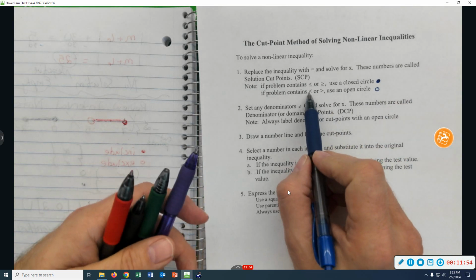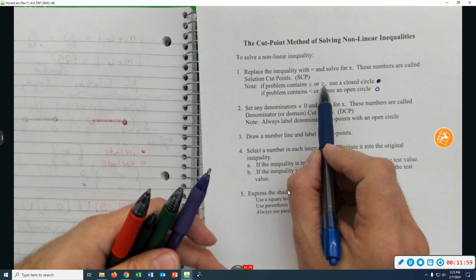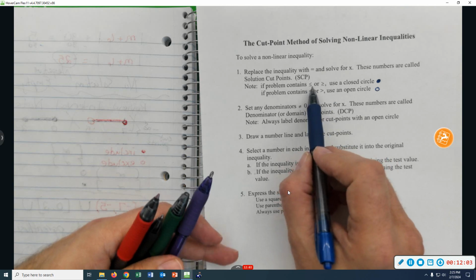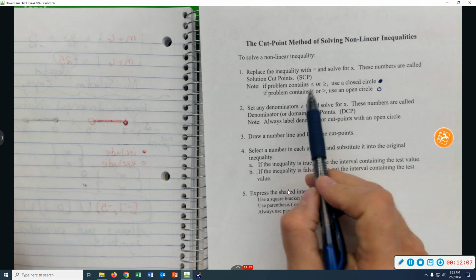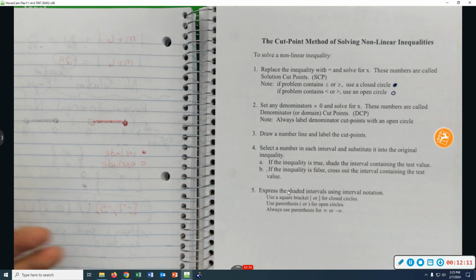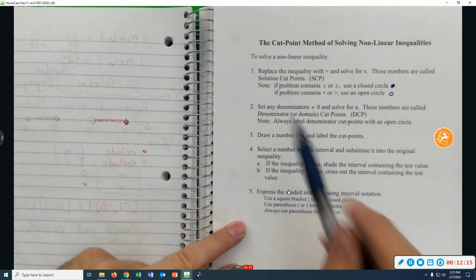Writing just less than and greater than, or less than or equal to and greater than or equal to? Well, you're writing that equal to, so this is going to use more ink, and that's how she remembered it. Okay? More ink to write it. So we've done the solution cut points.